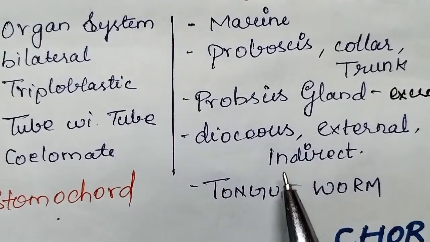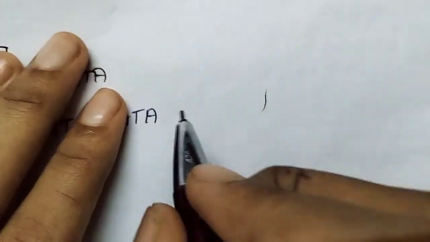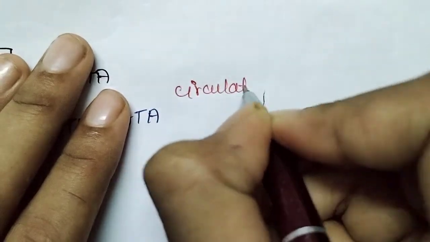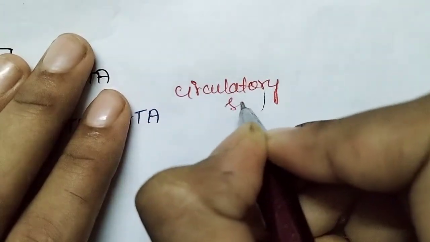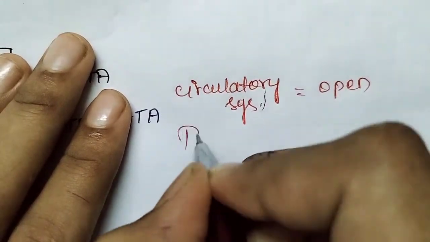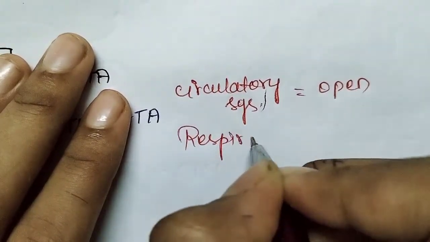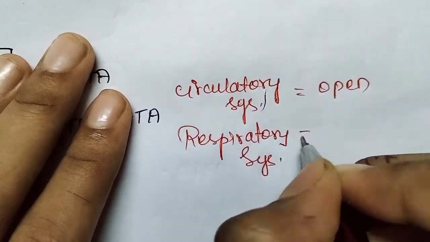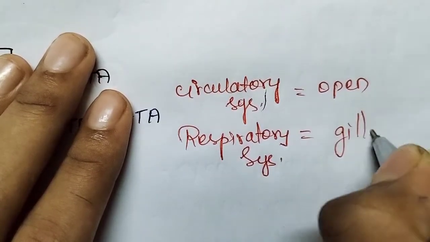And then the circulatory system is open, as I told you. Respiratory system through gills.